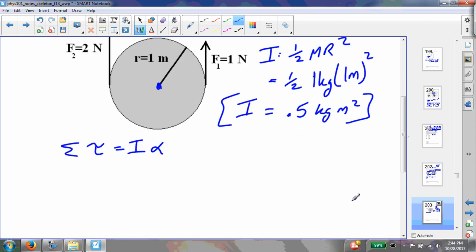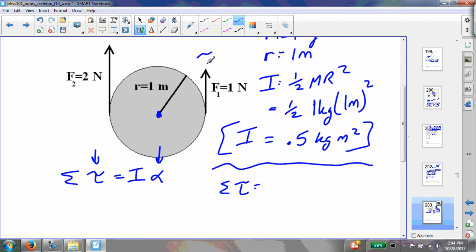We'll need that in just a bit. Now, I want to find alpha, so I also need to find the sum of the torques. The sum of the torques equals torque 1 plus torque 2. Just to reiterate, I think I said it wrong earlier.